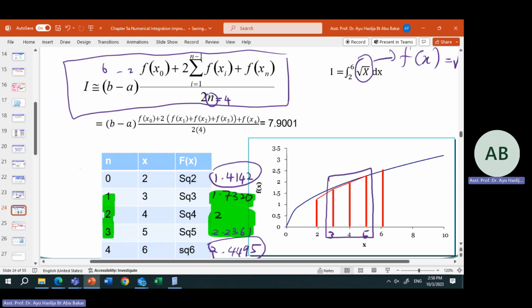Okay, try to calculate whether you get this value or not. Okay, get.